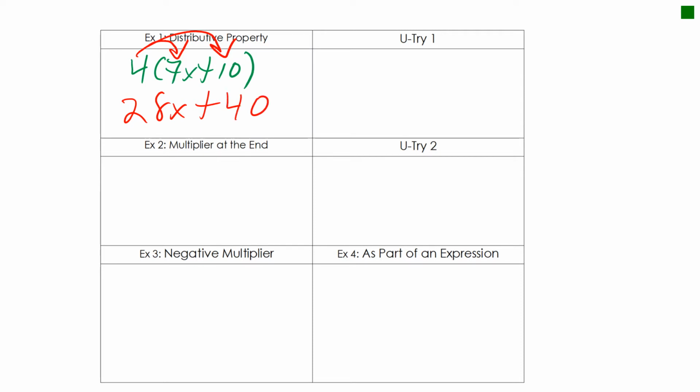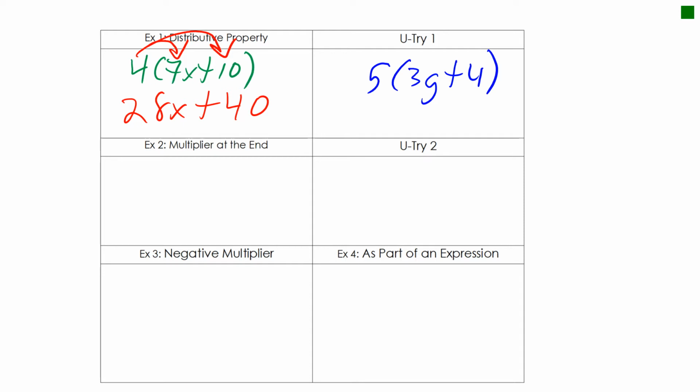Why do we distribute? Because that's how we get rid of parentheses. When we see parentheses, our first thought is, how do I get rid of them? We get rid of them by distributing. Here is your U-try: 5 times (3g plus 4).